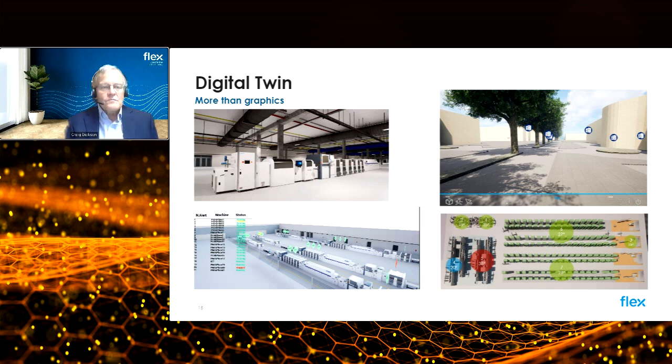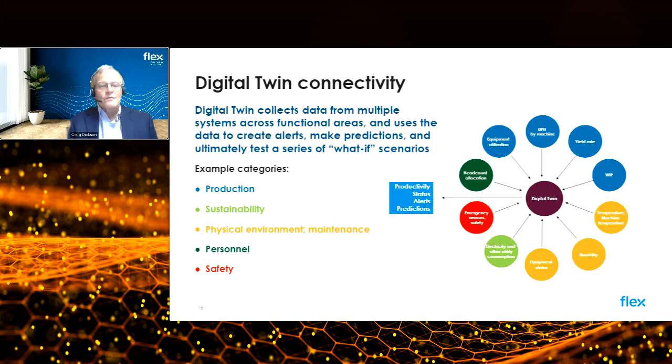But the big but here is the digital twin is much more than the graphics. In fact, it probably doesn't actually require a whole lot of graphics. It's great to use them, and they do make it useful, but it's not the key requirement.